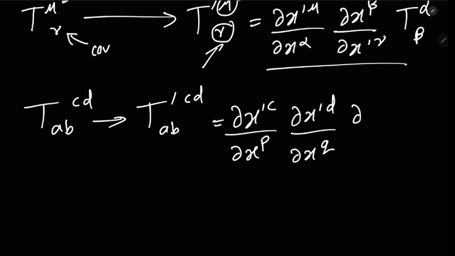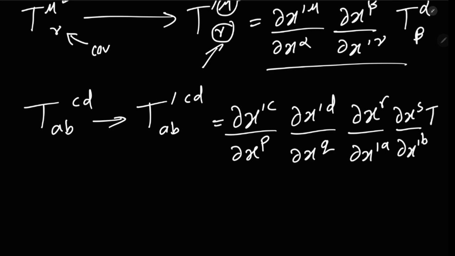And then we have del x R by del x prime A into del x S by del x prime B. I'm running out of space here to write this T properly, so this is T of PQ in upper index and RS.